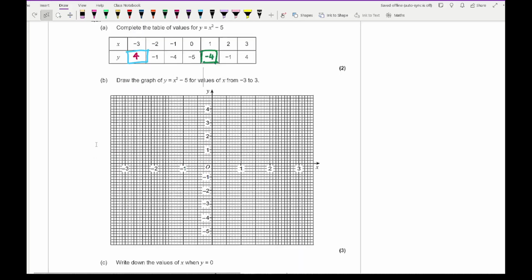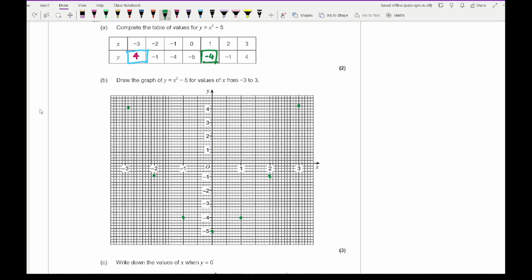The next thing I then need to do is plot these coordinates. So straight from the table, I've got minus 3, 4, which is there, minus 2, minus 1, which is there, minus 1, minus 4 is there, 0, minus 5 is there, 1, minus 4, which is there, 2, minus 1 is there, and 3, 4, which is there.